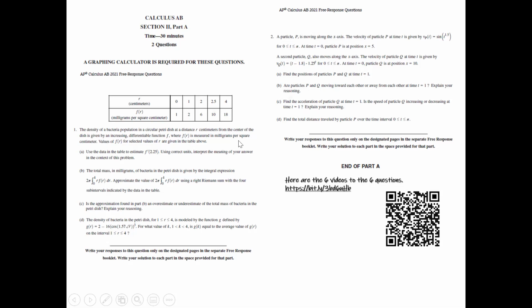But then it came to my attention that you guys are probably going to be given Form B of the free response questions for 2021. But for the 2021 regular free response, these were the actual questions on the test. If we go over this, it might be a good indicator to see what's actually on the test and what's not. So here's question 1, question 2.